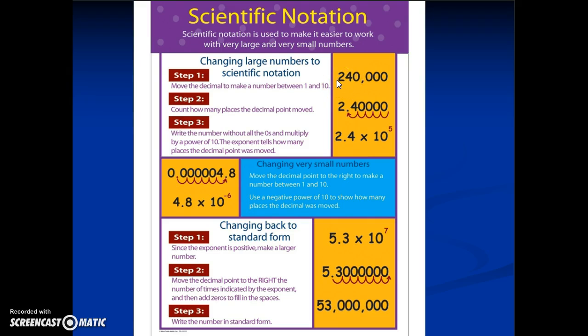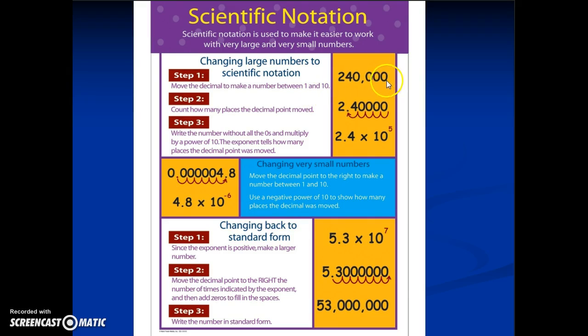If you place the decimal here, the coefficient is less than 1, which is not in the range that we want. And if you put the decimal here, that makes it 24, which is greater than 10. So you want to make sure you place the decimal here so that the coefficient will be between 1 and 10.